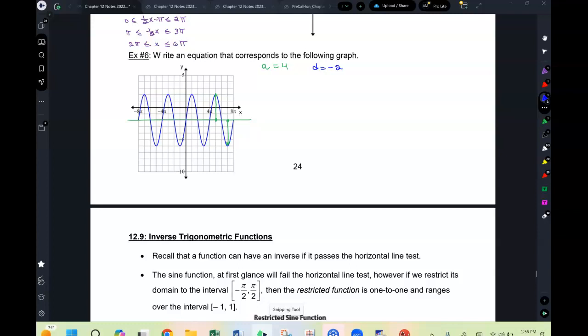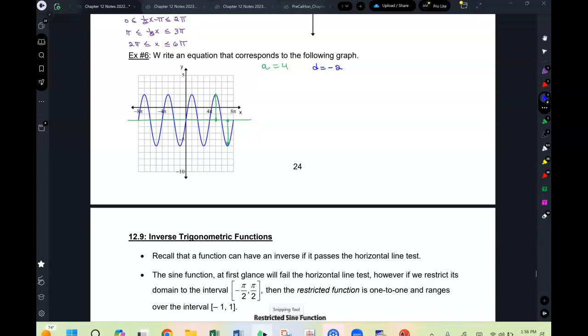So we're going to agree that the ones I give you are never going to have a phase shift. So you're always just going to judge from the y-axis. So C is always going to be 0.